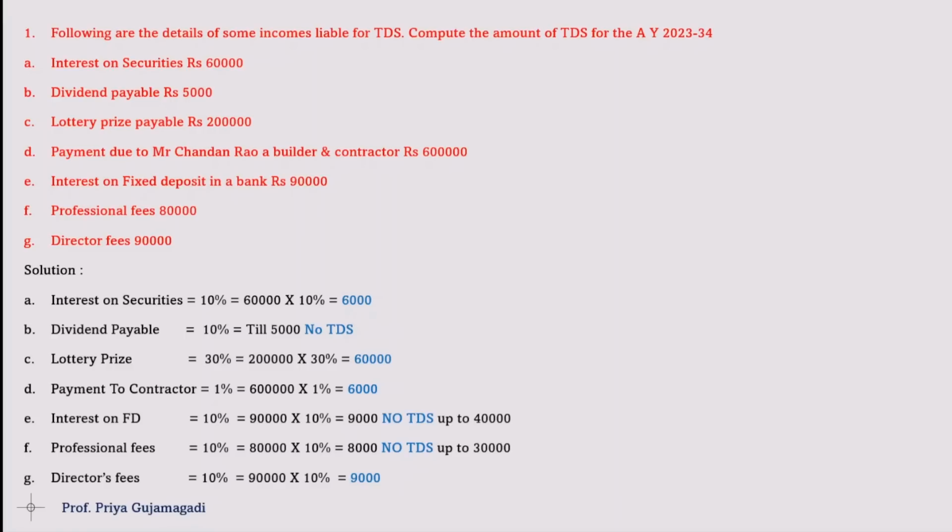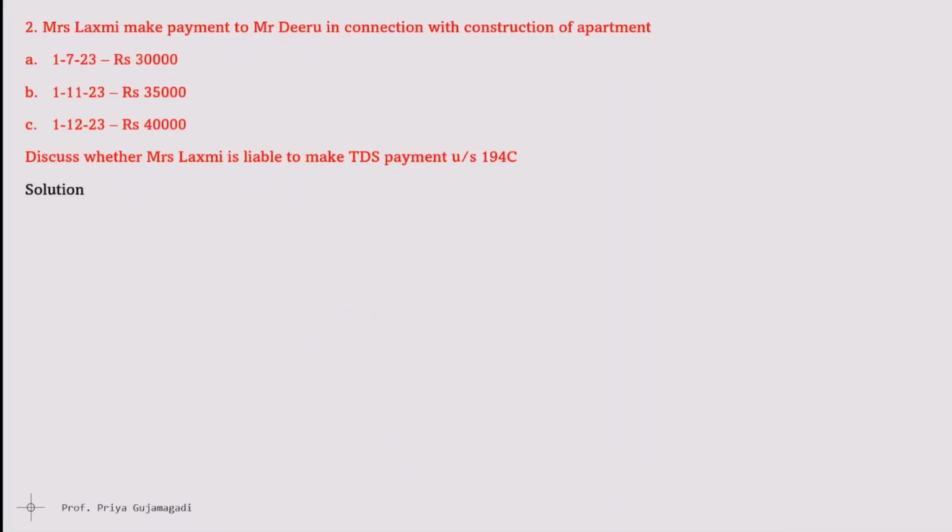I have taken a problem on a contractor now. So we can see here, Mrs. Lakshmi makes a payment to Mr. Dhiru in connection with the construction of an apartment. So we can see here that Mrs. Lakshmi is an individual. So it is not a firm or non-individual. So we can consider 1% TDS here.